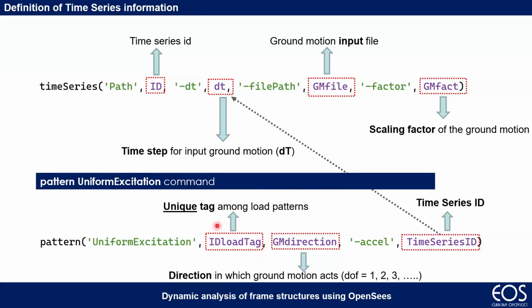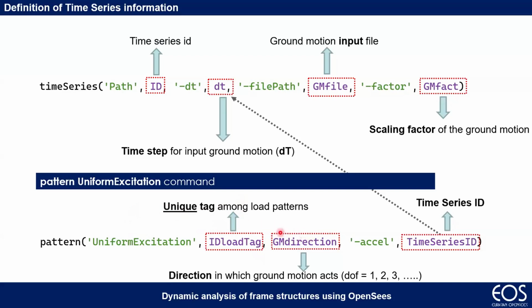These are the typical errors that you can make at the beginning when you start developing models in OpenSees. You define again a pattern with the same ID of a previous pattern, for example, a pattern of loads for gravity analysis or stuff like that. So pay attention that it should be unique, a different one.